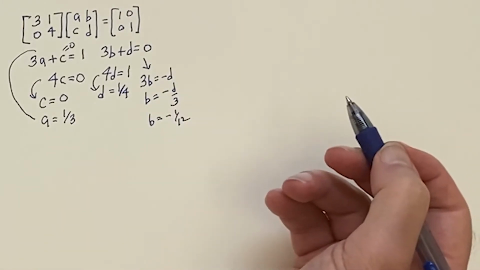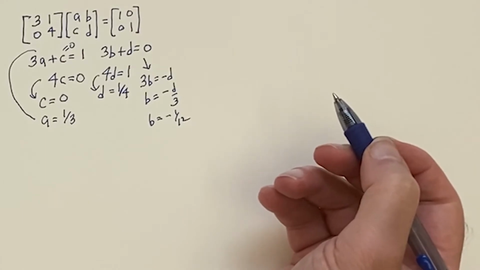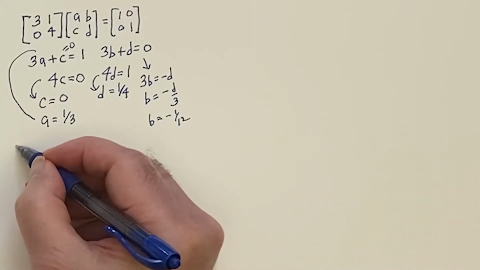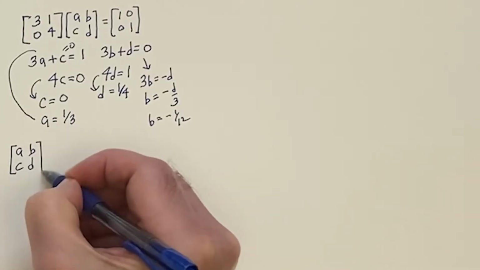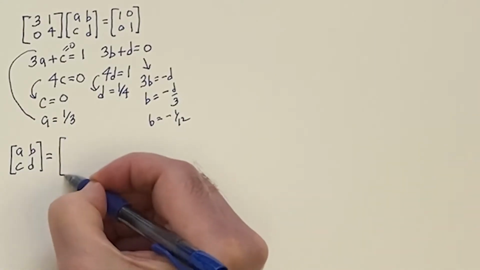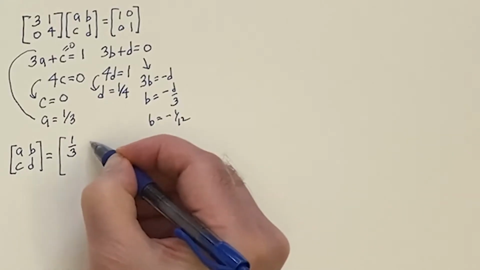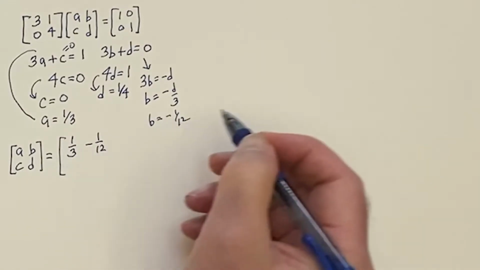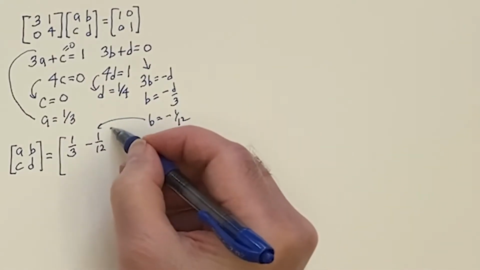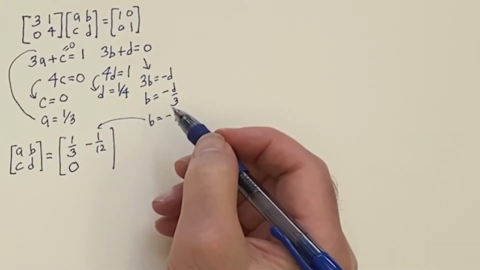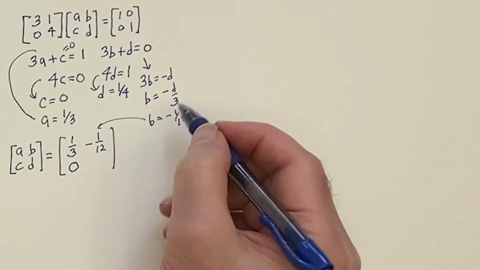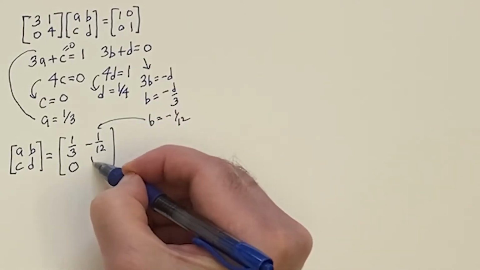So that means what we're finding here for the inverse, A, B, C, D, right? For this case, we have 1/3, a minus 1/12 by just finding the numbers and plugging them in, and then the C is 0, and the D is 1/4.